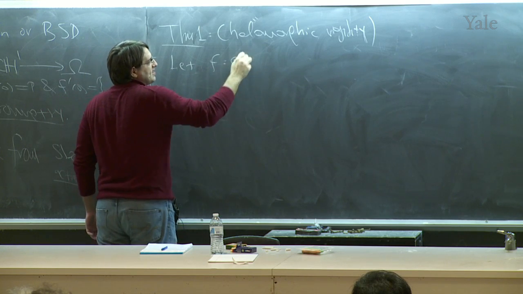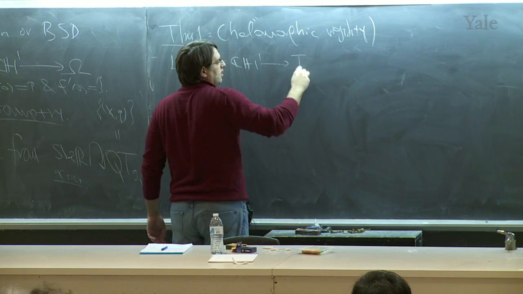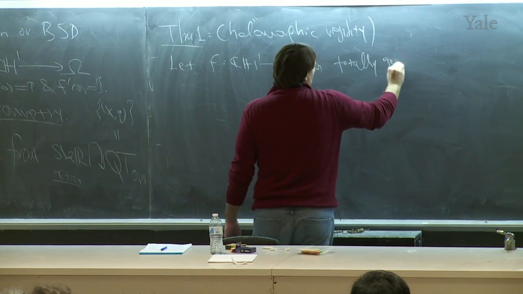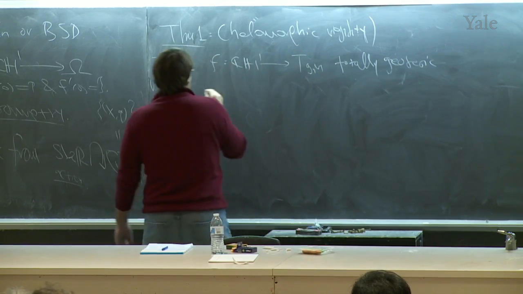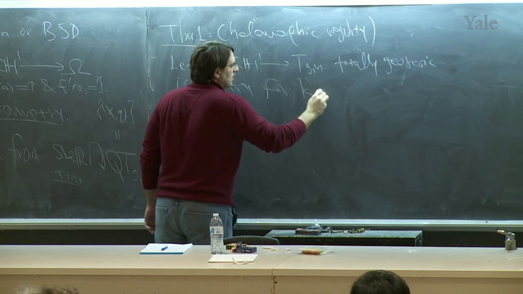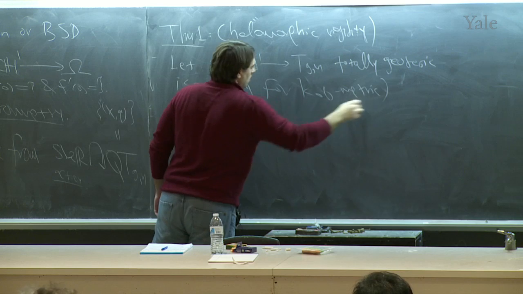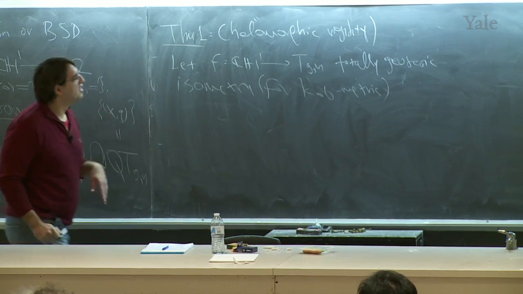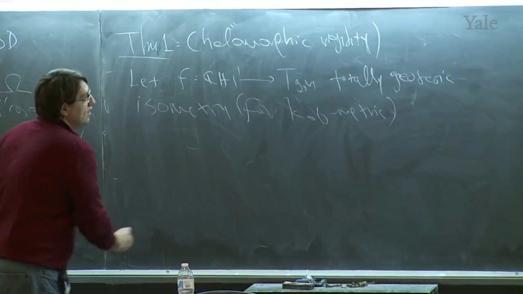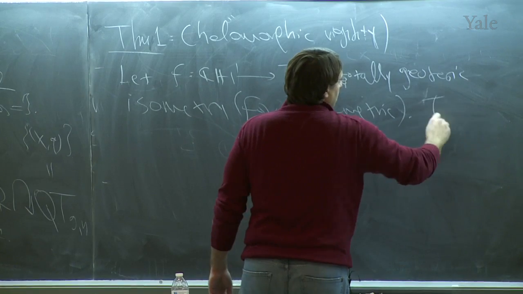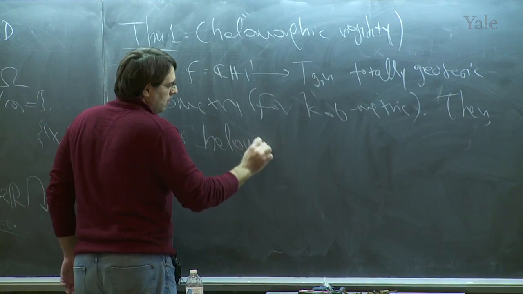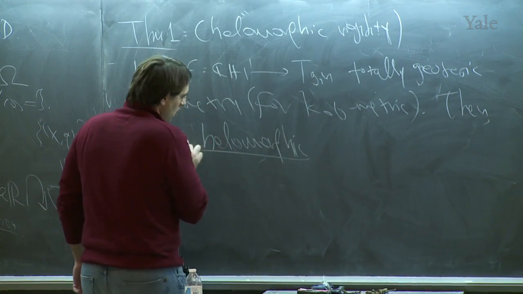So let F be a totally geodesic isometry for the Kobayashi metrics. I will skip this word; I will always refer to the Kobayashi metric and the Kobayashi isometries. Then, in fact, F is holomorphic or anti-holomorphic.